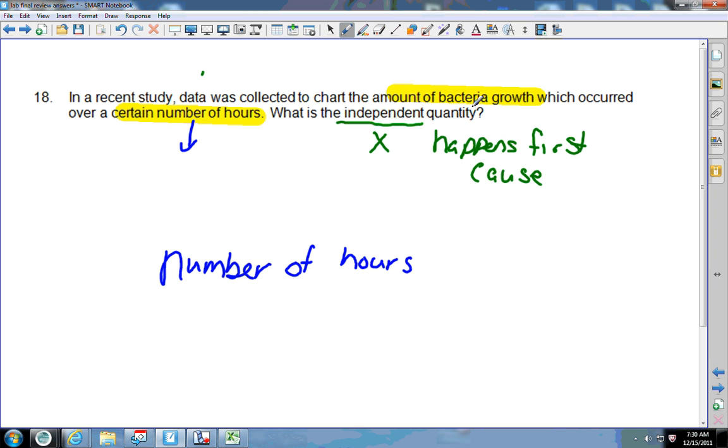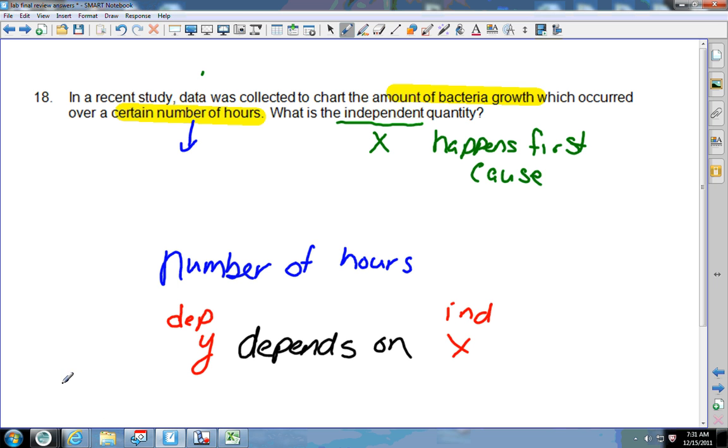So the dependent would be the amount of bacteria growth. How could you write this if you were supposed to write it as a sentence with depends on? You need to remember that y depends on x. Well, y, or I could say the dependent, depends on the independent.